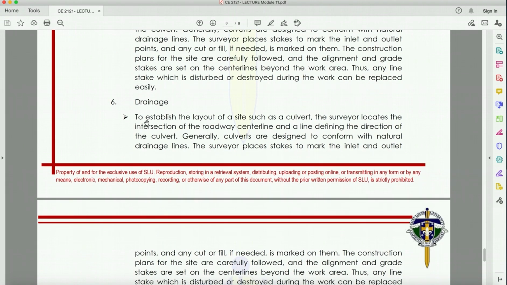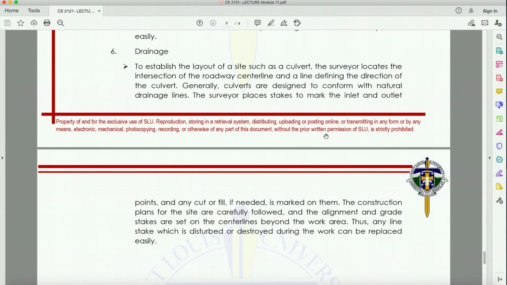Next is the drainage. To establish the layout of sites such as culvert, the surveyor locates the intersection of the roadway, center line, and direction. Dapat na-establish na yan beforehand because it would not be one time, it would be a simultaneous activity.